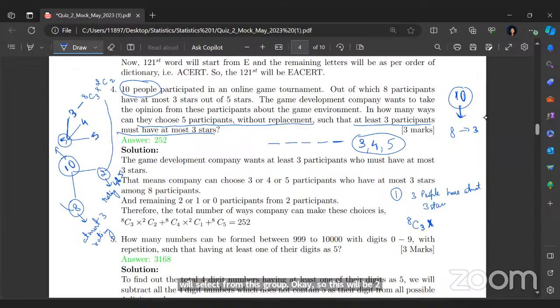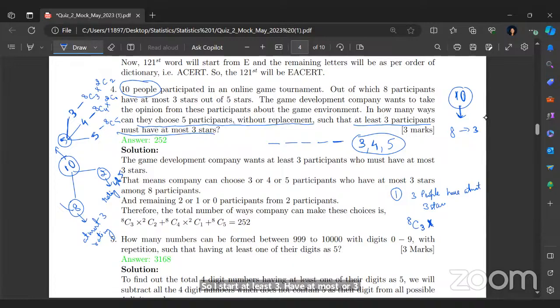Now if you want 4 participants that have at most 3 ratings, it would be 8 choose 4 times 2 choose 1, right? And in the last case, we'll have 8 choose 5. You add all the cases, and you should get the number of ways in which you can choose 5 participants such that at least 3 have at most 3 stars.